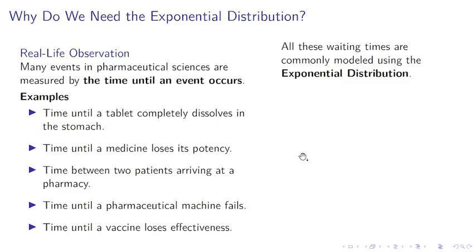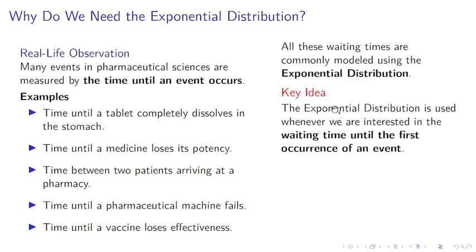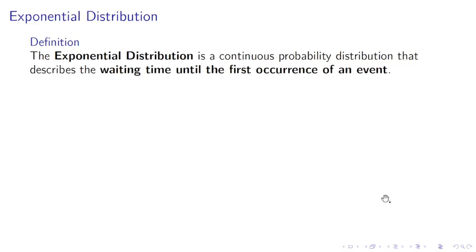All these waiting times are commonly modeled using the exponential distribution. The exponential distribution is used whenever we are interested in the waiting time until the first occurrence of an event.